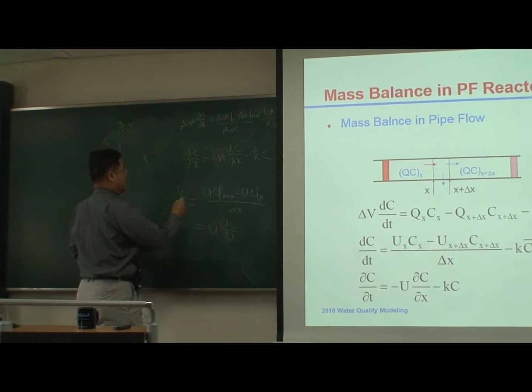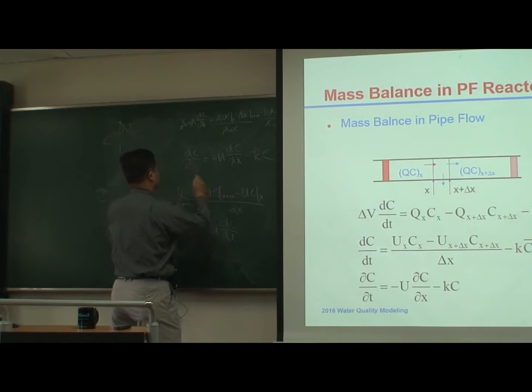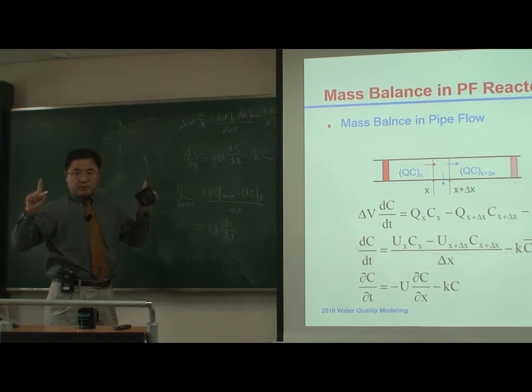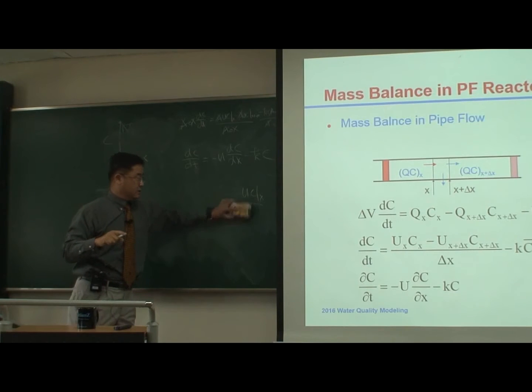But in here, this is a t, right? Since we have two different independent variables, one is t, the other x, in this case we call that a partial differential equation.